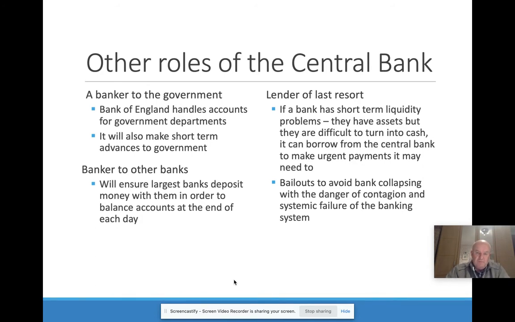So there are significant roles for the central bank. And this applies in all countries, but obviously when we're talking about the UK, we're talking about the Bank of England, who is the central bank for us.